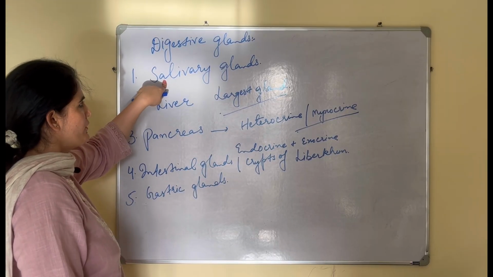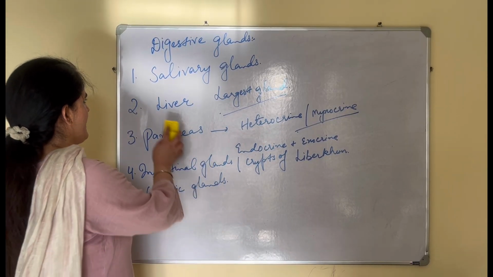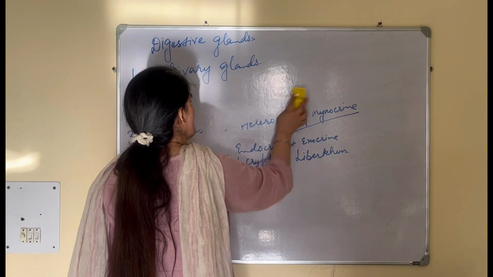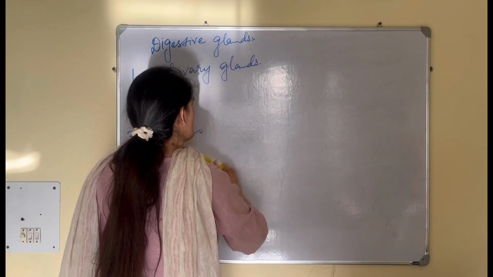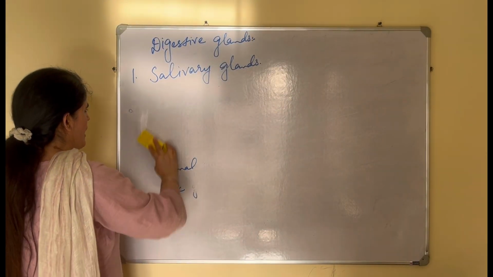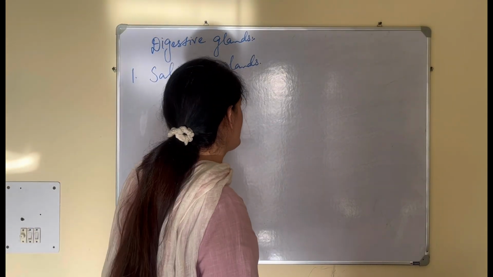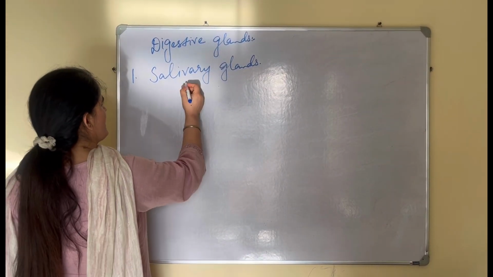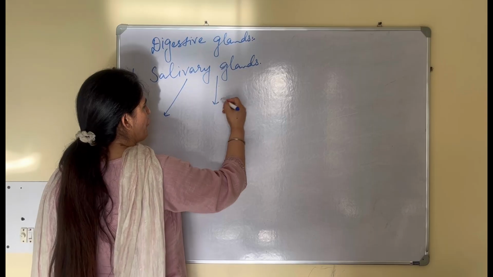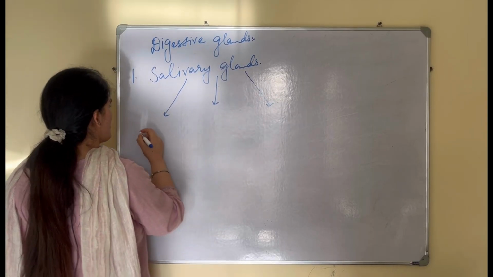First we will talk about the salivary glands. These are the glands I will be talking about. Starting with the salivary glands, we have three types.